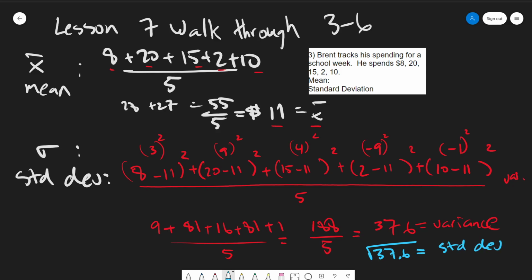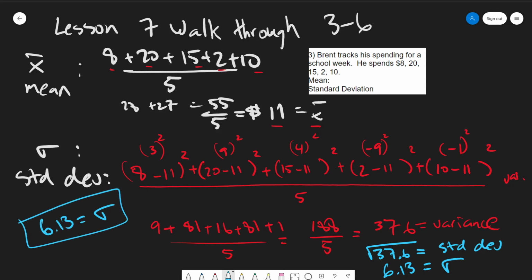So what's that going to make? It is going to make 6.13. So 6.13 is our standard deviation. I'm going to write it over here. And our mean was 11.